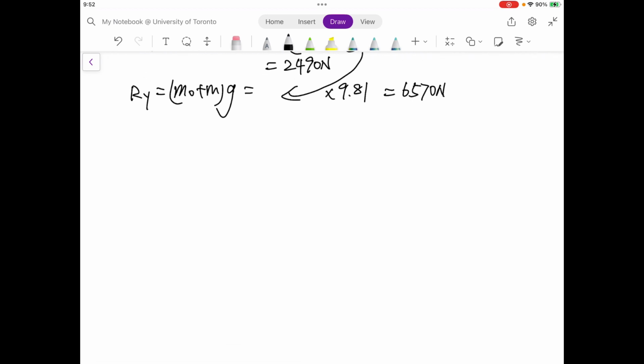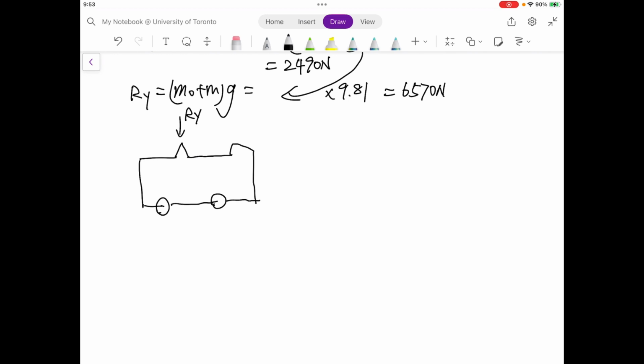Right now we need to take a free body diagram of the whole truck, where it has the reaction force from the cable as well as the spool.